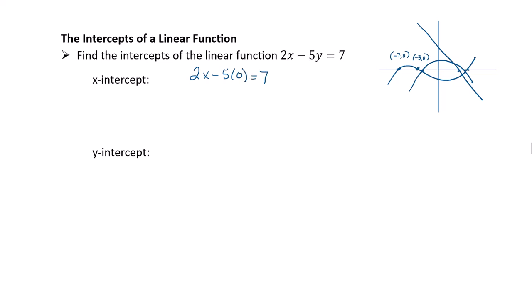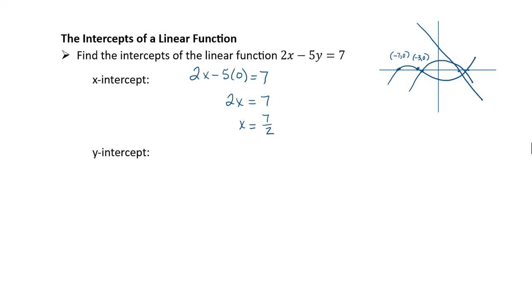If we can force the y to be 0 and then solve for x, we will know where that point is. So here, 5 times 0 is 0. That gives me 2x equals 7. Dividing both sides by 2, I get x equals 7/2. So we don't stop there.